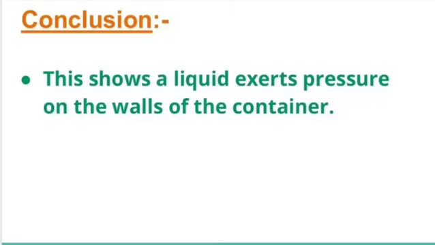So from this activity, we conclude that a liquid exerts pressure on the walls of the container, because when we fill the bottle with water, there is some pressure exerted by the liquid on the walls, and because of that pressure the rubber sheet bulges.